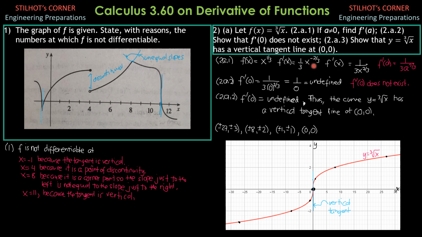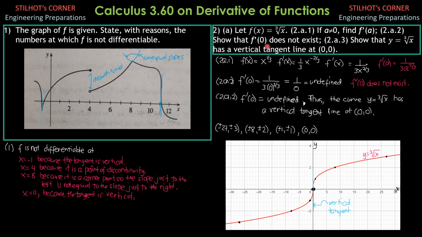So f prime of x is 1 over 3x to the positive 2/3. Replacing x by a, f prime of a is equal to 1 over 3a to the 2/3. So that's 2.a.1.